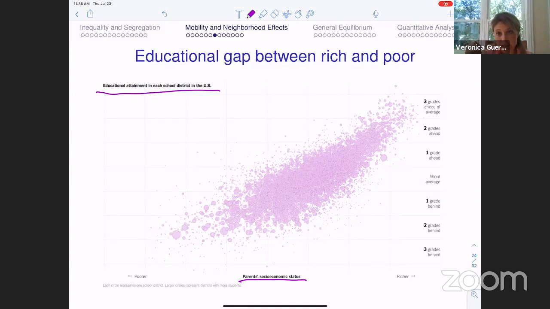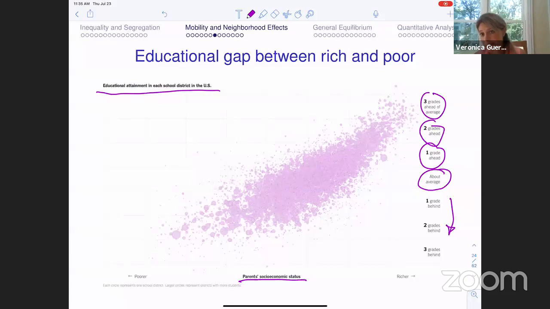The way it is measured is you have your kids about average, or you can rank the kids depending on the test score, 1 grade ahead, 2 grades ahead, or 3 grades ahead, or 1 grade behind, 2 grades behind, and 3 grades behind. Okay, and so you can see that there is a clear correlation between parent socioeconomic status and educational attainment, which speaks in favor of a sclerotic intergenerational mobility situation where the kids of the rich families are going to be better in school, and possibly this will mean that they will have a higher income in the future.